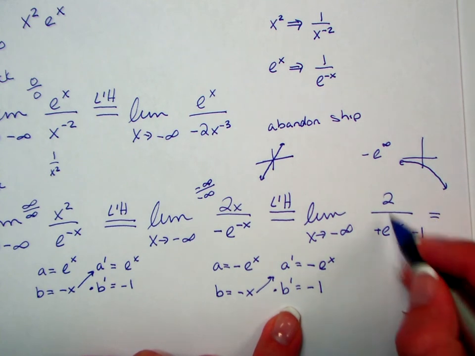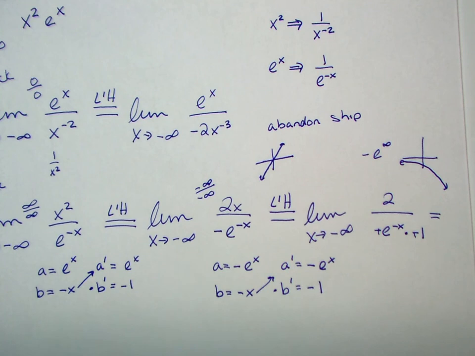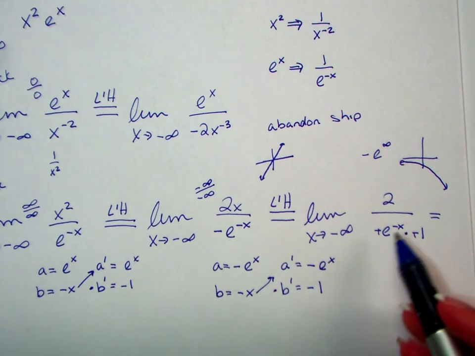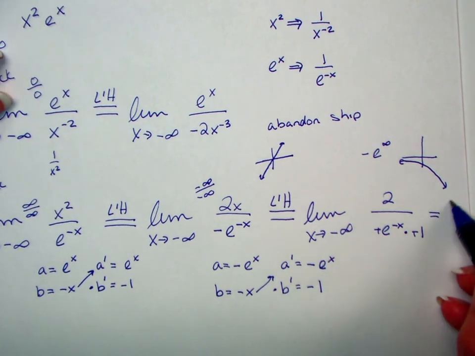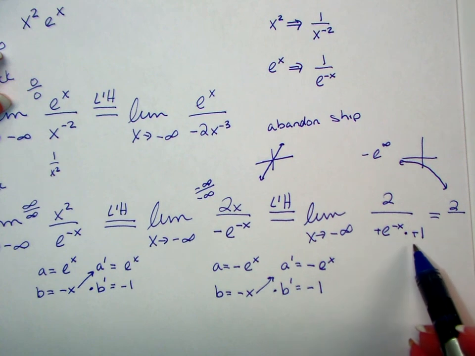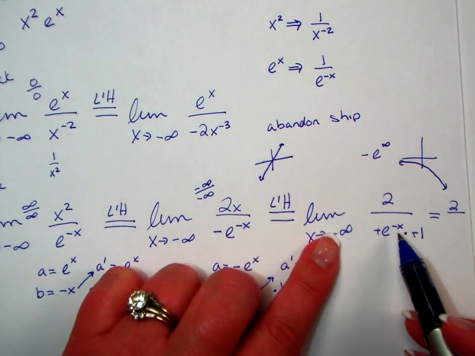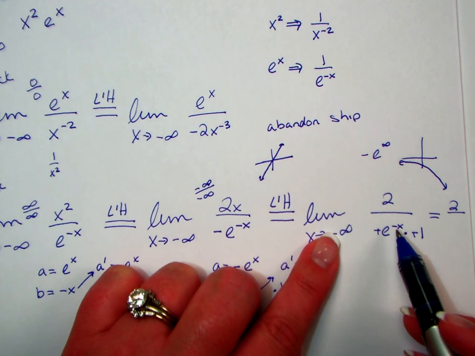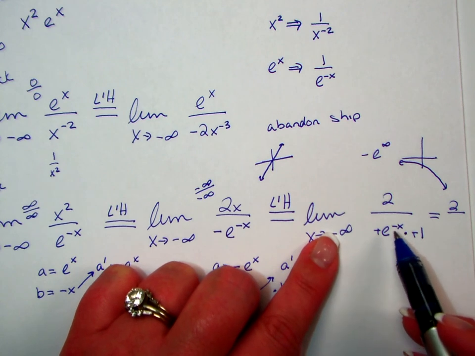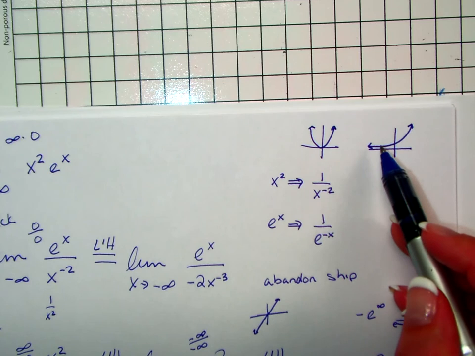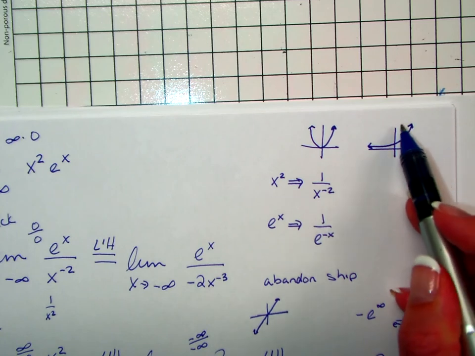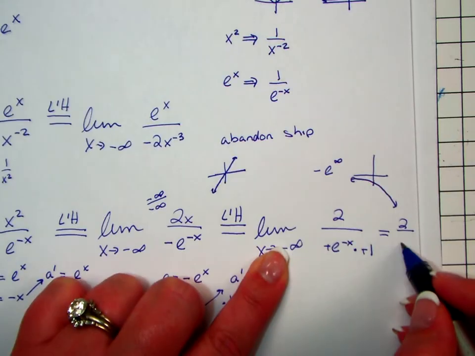Now, I have a constant here, so I know my answer is in this next step. The limit of 2 is just 2. Now here, I have a positive e to the negative x. But if I plug negative infinity in here, I get a negative infinity, which is infinity. So positive e to the infinity is this graph, and e to the infinity is infinity.